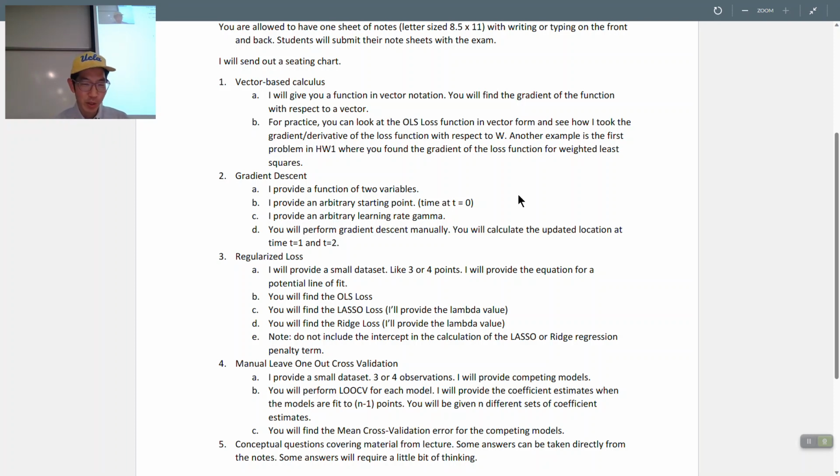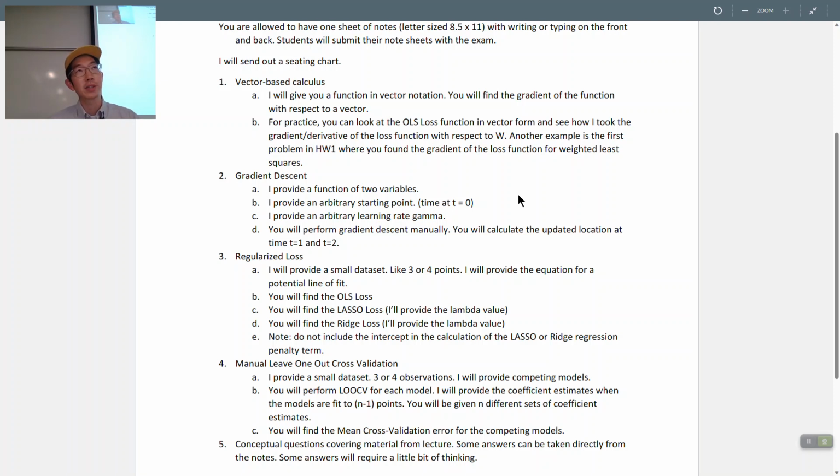I'm trying to figure out exactly how much work each thing should be. One will be this vector-based calculus. We had a little example of this where we had the OLS loss function in vector form, and then we took the gradient with respect to W. You'll have something similar to that.